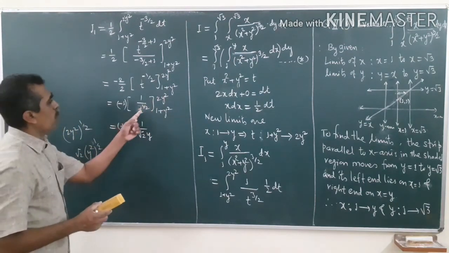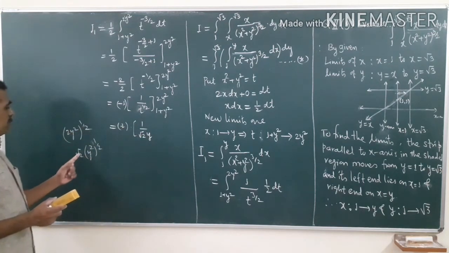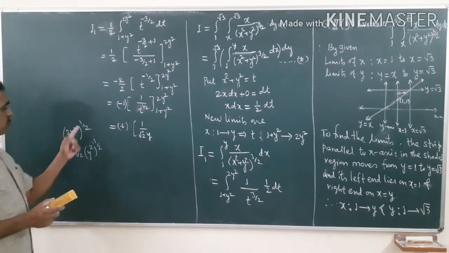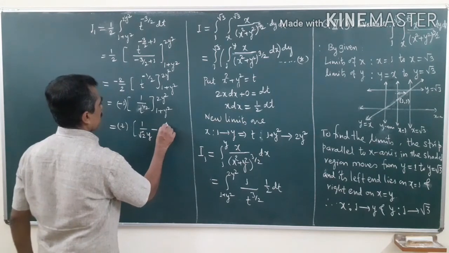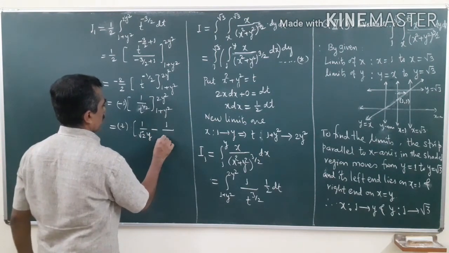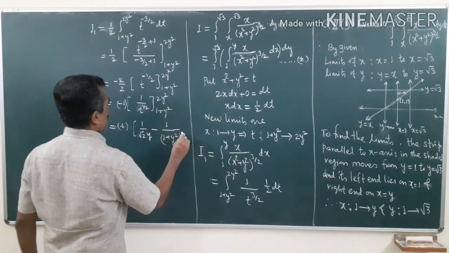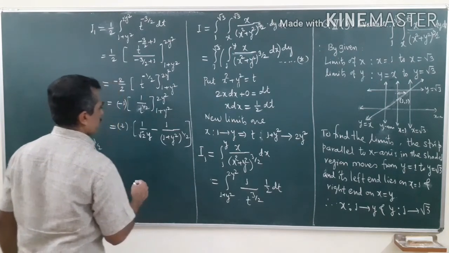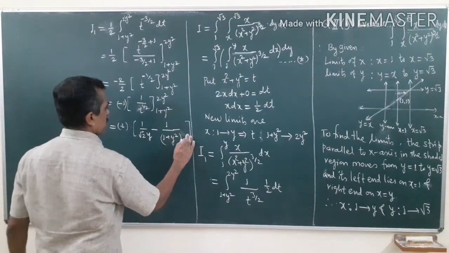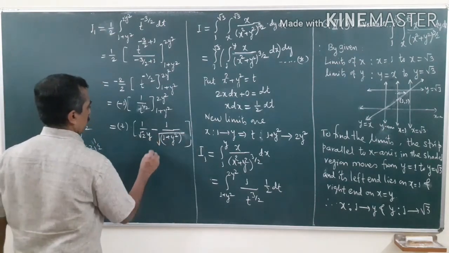Is it clear? 1 upon 2y square raised to half: 2 raised to half is root 2, and y square raised to half is y. Minus 1 upon 1 plus y square raised to half, which is nothing but the root of this.